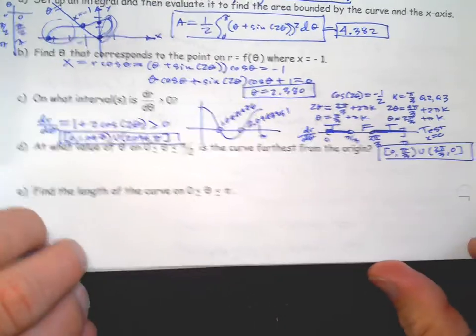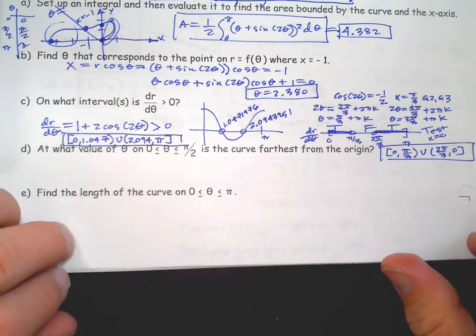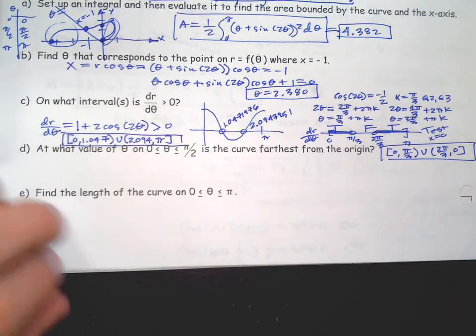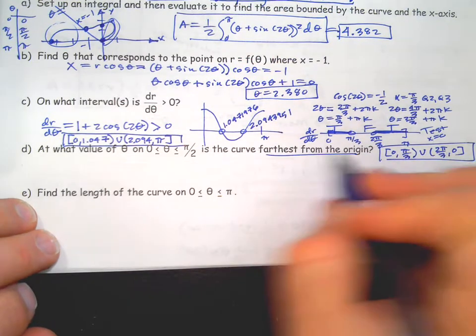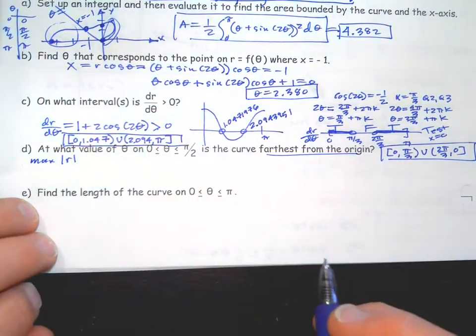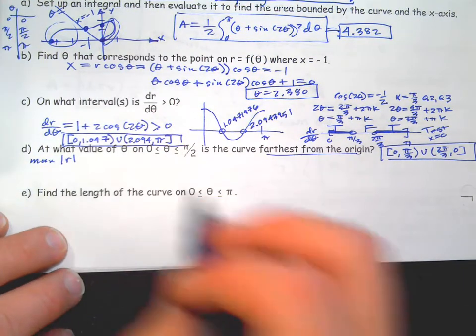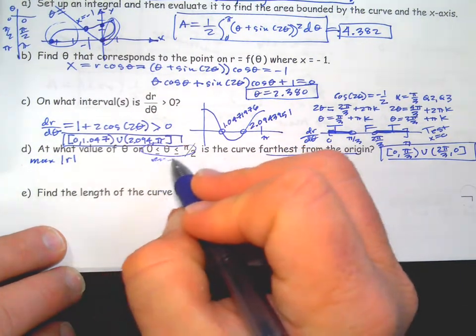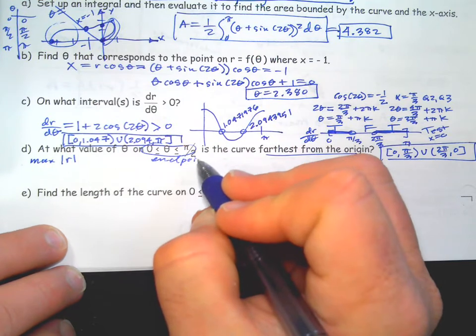Okay, on what value of theta between 0 and pi over 2 is the curve farthest from the origin? So farthest from the origin means we're looking for max absolute value of r. We should do EVT. We got endpoints. We need critical points.